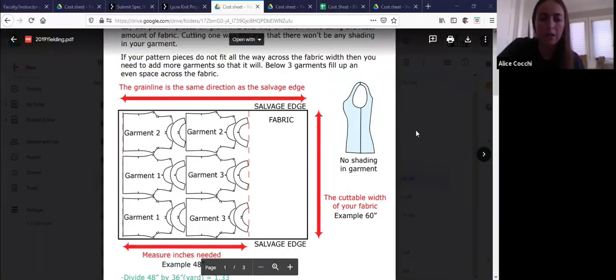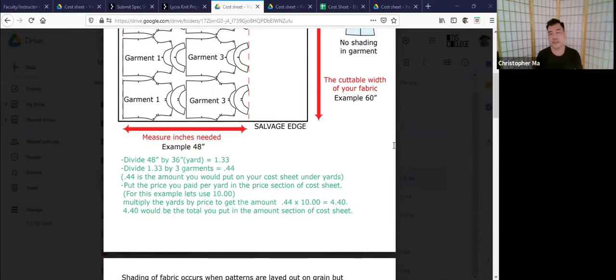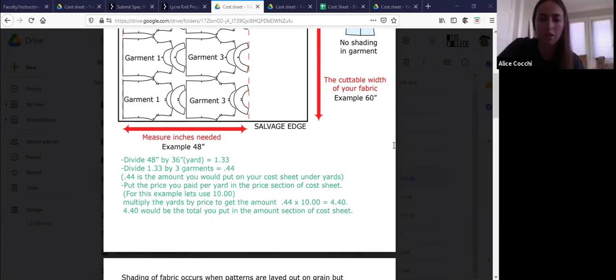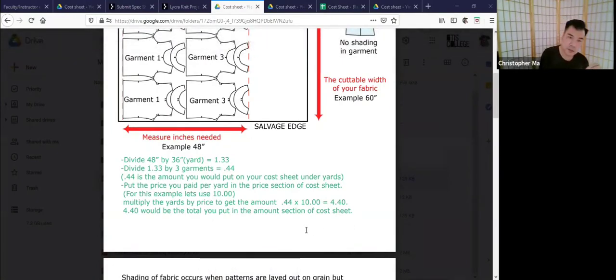Here? Yes, on the bottom, it says divide 48 by 36. What's 36? 36 is how many inches per yard. So 48 inches is how much we use, right? So how many yards did we use to make 3 garments? 48 divided by 36 gives you 1.33.